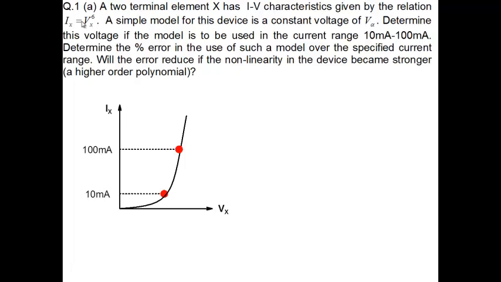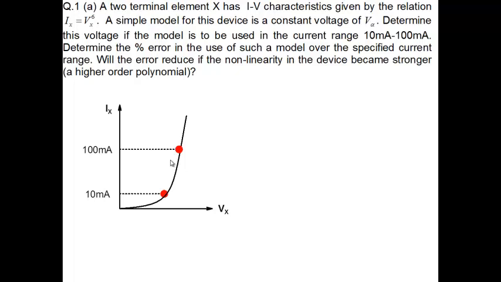Ix is Vx to the power 6. And because it's a very sharp nonlinearity, a sharp characteristic, we are saying that we could approximate it by a vertical line or a constant voltage source. So the issue was, what value of that constant voltage source should we take?